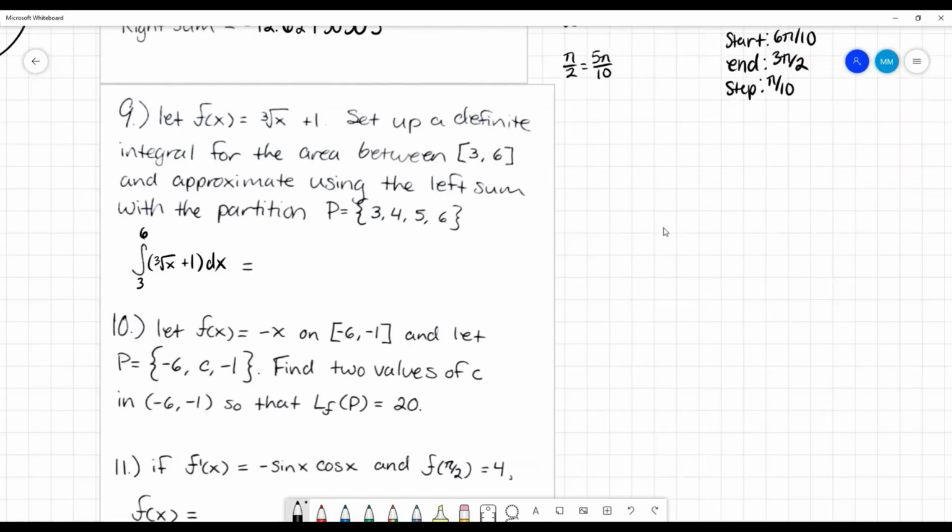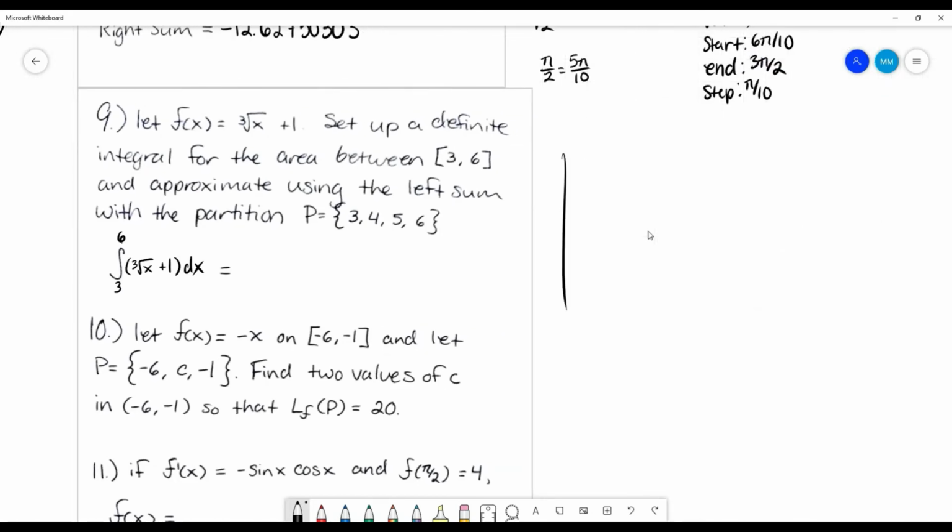So let's see, I'm going to sketch it out again to help us. We've got 0, 1, and whatnot. We're going to come all the way over here, 3, 4, 5, 6. Our cube root looks something like that.